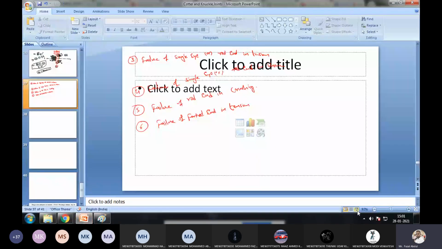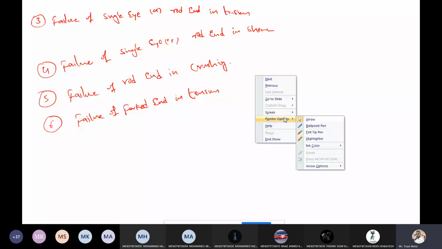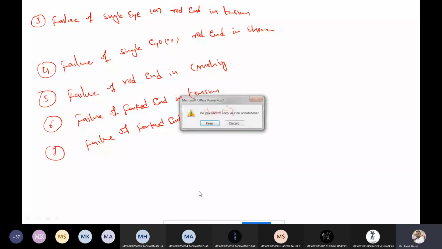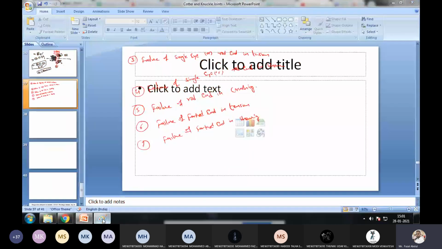So this is the sixth point. Now the seventh point is failure of forked end in shearing. For failure of forked end in shearing, the same failure area we need to consider.